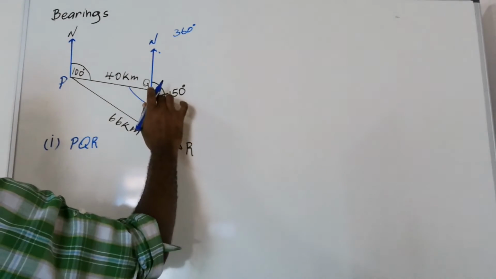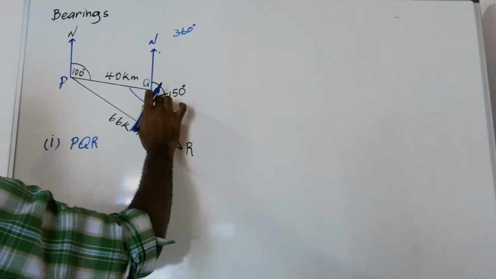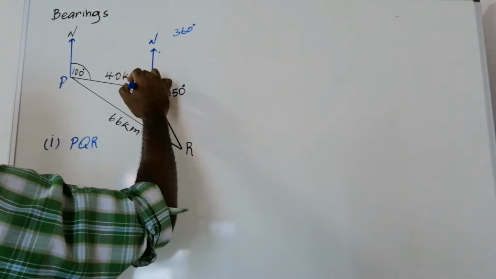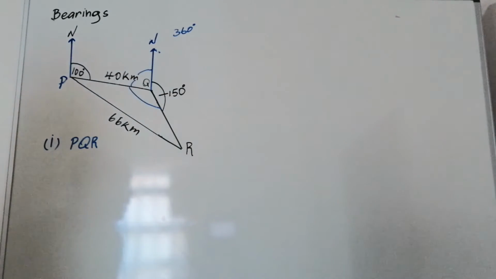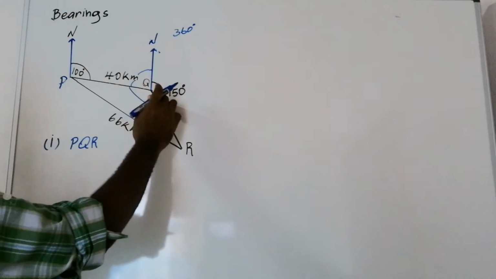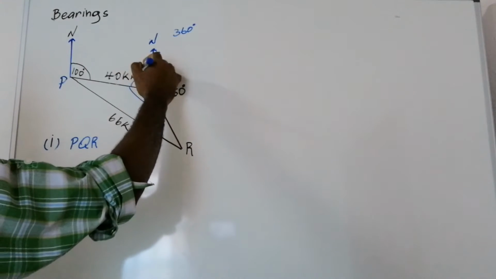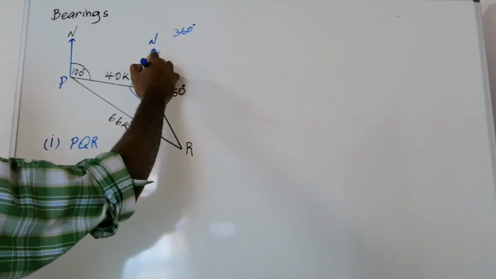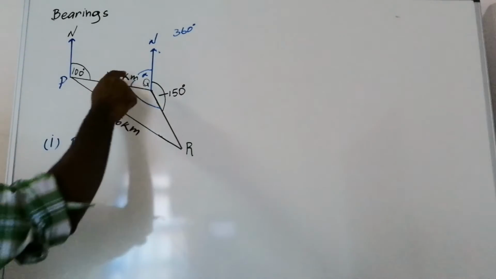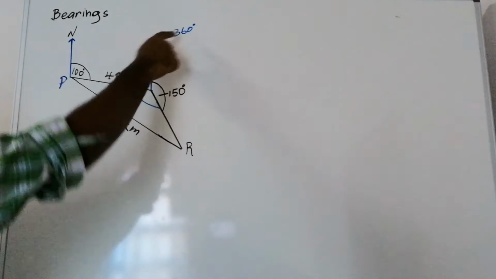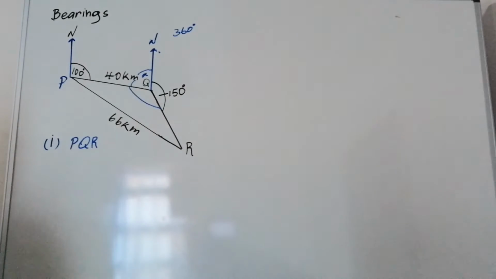So if we add 150, this angle plus this angle plus this angle here, we will get 360 degrees. So we already know this angle. If we can find this other angle, all we have to do is add the two up and subtract from 360 and we will get angle PQR.